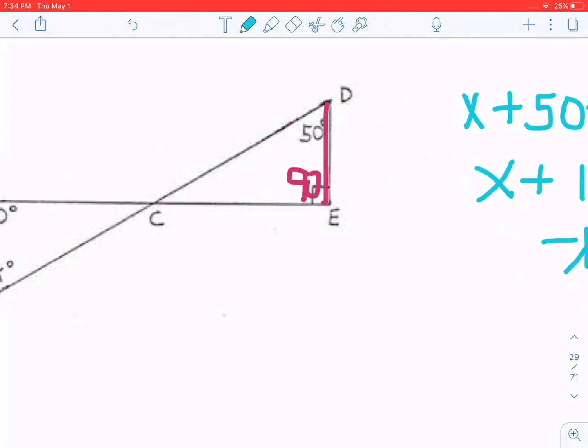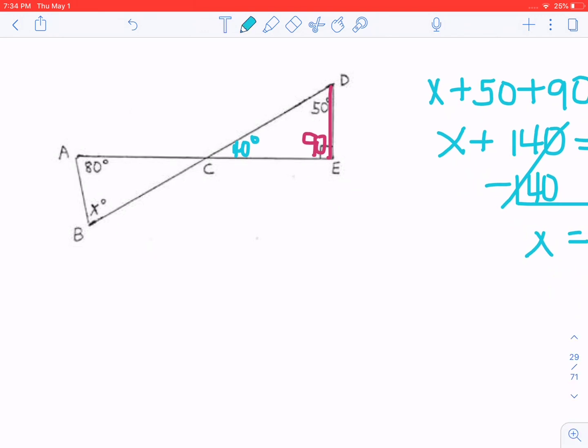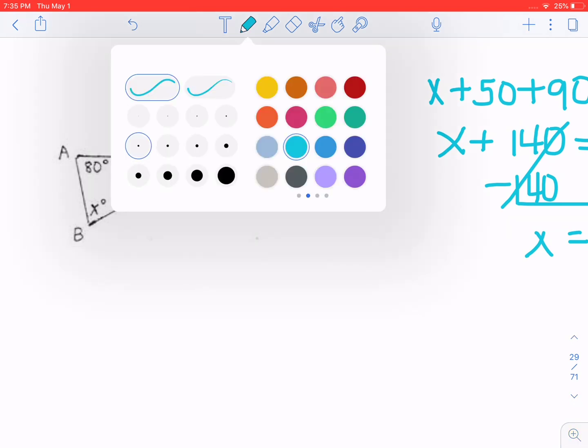So now instead of x, we're going to make that 40 degrees. Now, according to our angle relationships, I know that this is also 40 because they are vertical angles, and vertical angles are equal to each other.